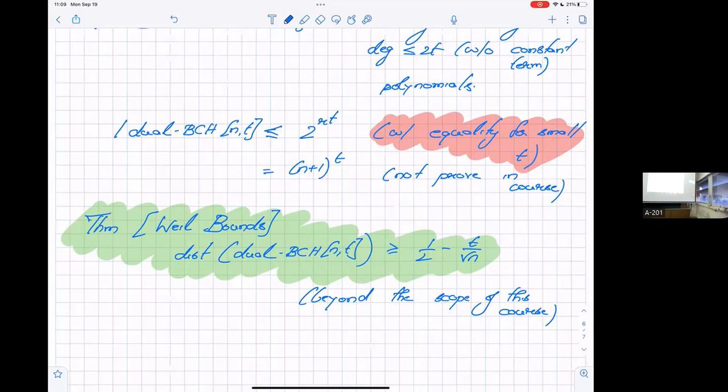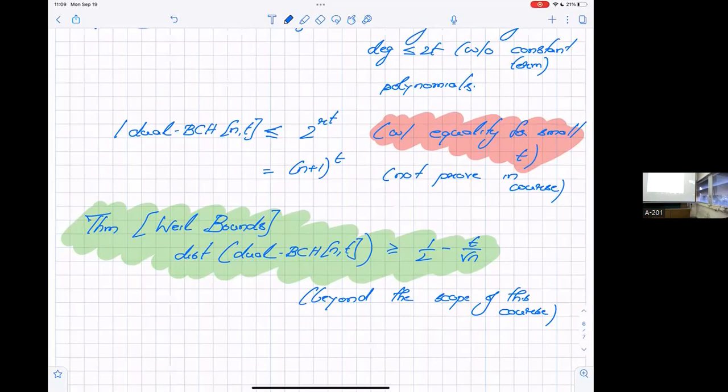So you can ask, if the number of code words is n to the power t, what's the distance you can get? Gilbert-Varshamov, the greedy or probabilistic, will give you that the distance will be greater than or equal to half minus square root of t log n by n.